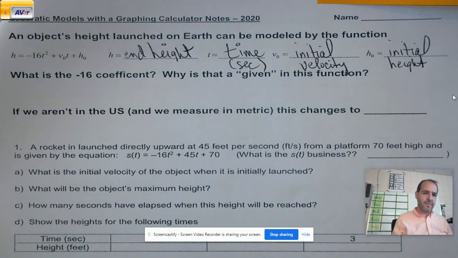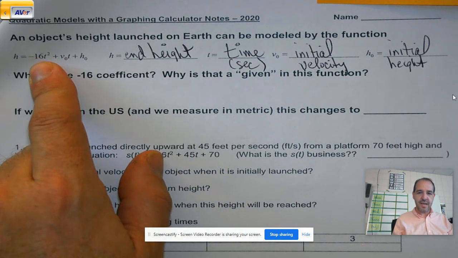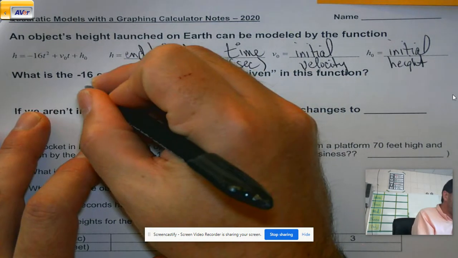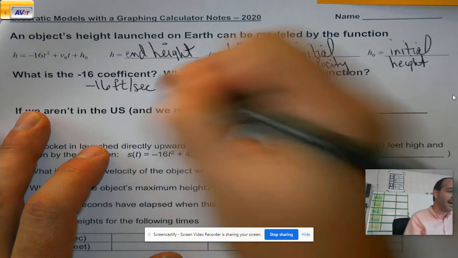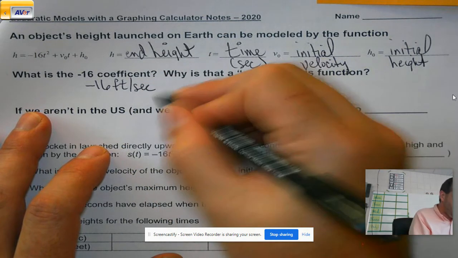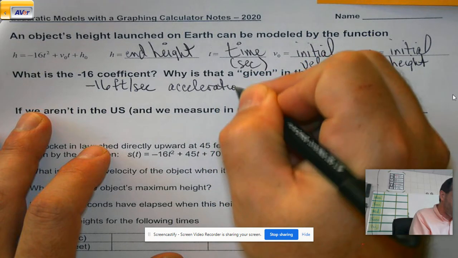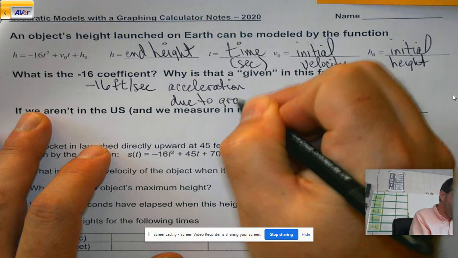So a couple more things to make note of. Is this negative 16 going to be here all the time? Yes. Okay. Well, what is that? What does that mean? Okay. The negative 16 is actually in feet per second, and this is the acceleration due to gravity.